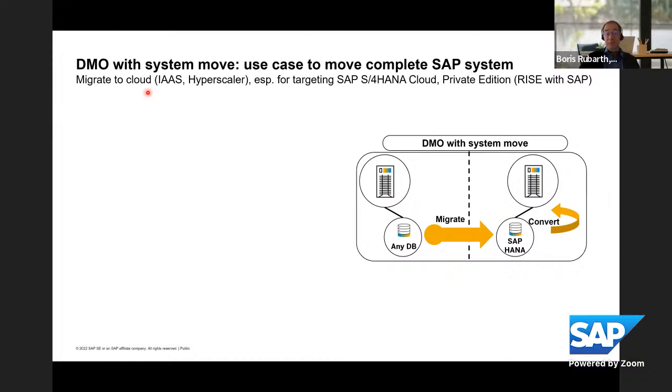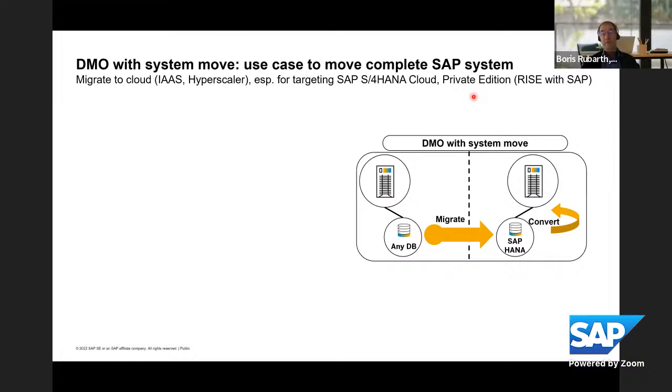And this is especially relevant if you are targeting SAP S/4HANA Cloud Private Edition as part of the RISE with SAP program. Then you do have your ERP source system on-premise, and you would like to have the SAP S/4HANA on-premise software running at a hyperscaler, and that is what we call SAP S/4HANA Cloud Private Edition.